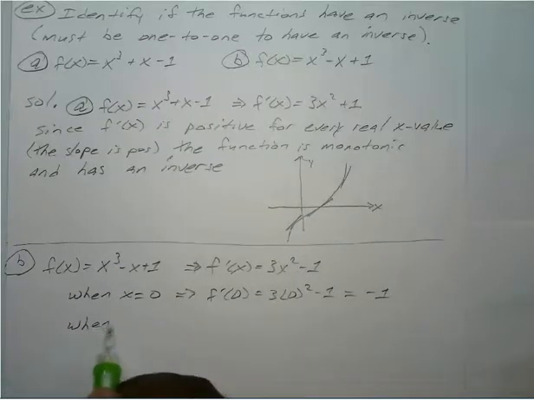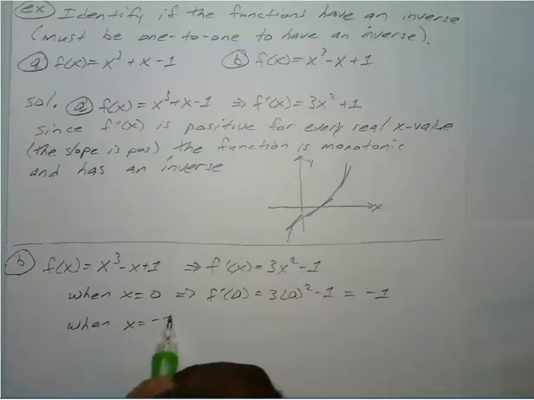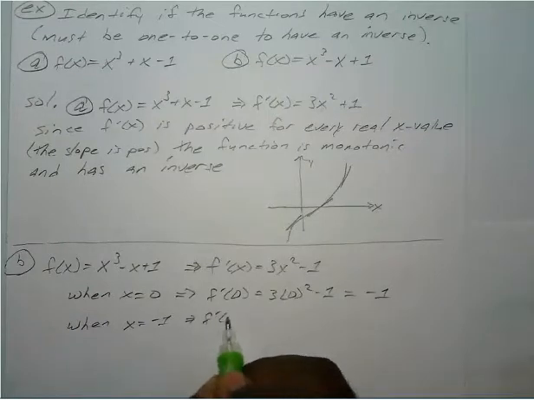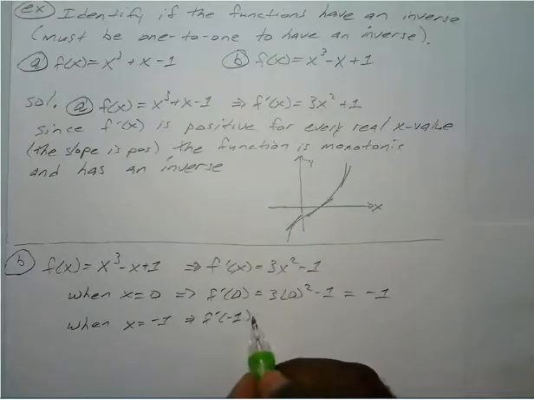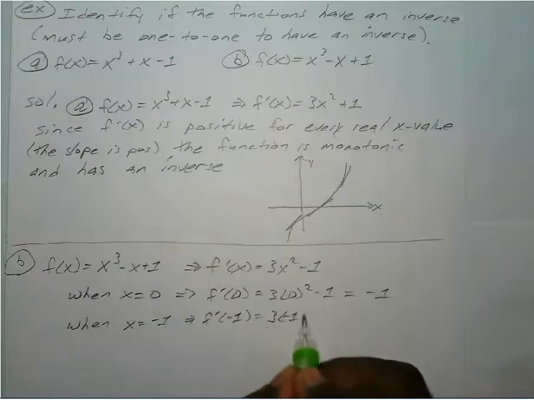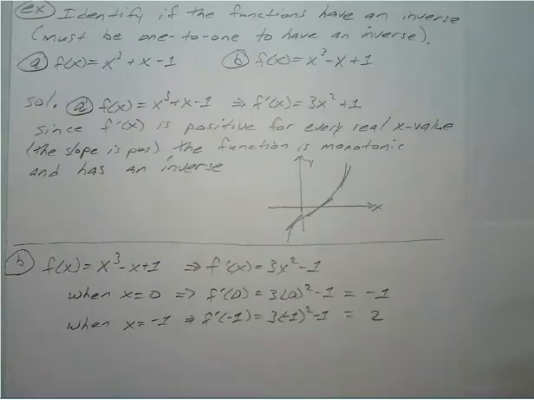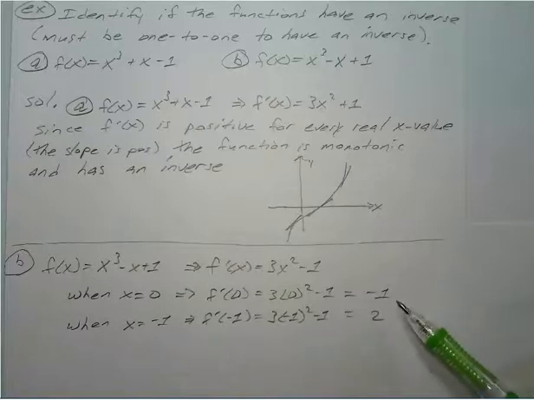But when x is equal to negative 1, our derivative at negative 1 is equal to 3 times negative 1 squared minus 1, which is positive 2. Okay, so you can see here, you have a negative slope and a positive slope.